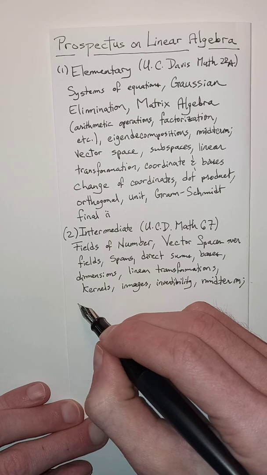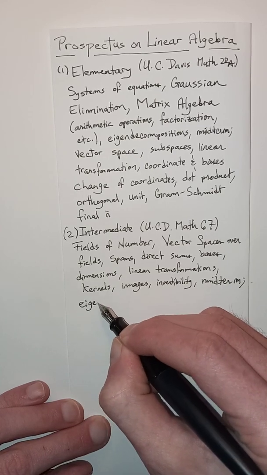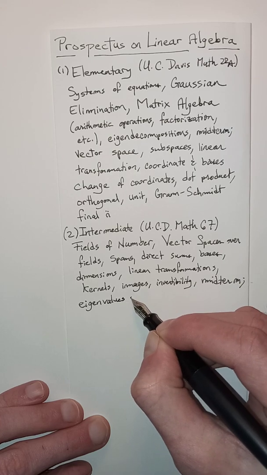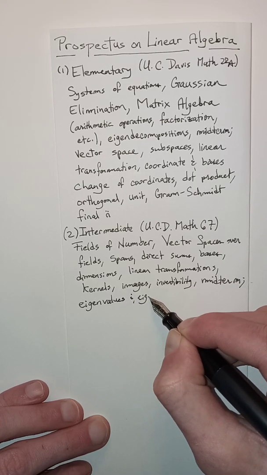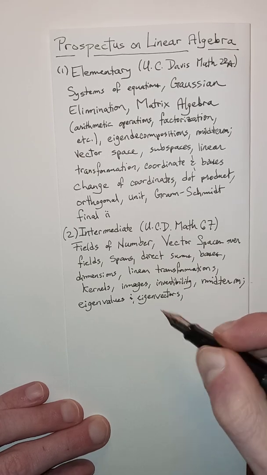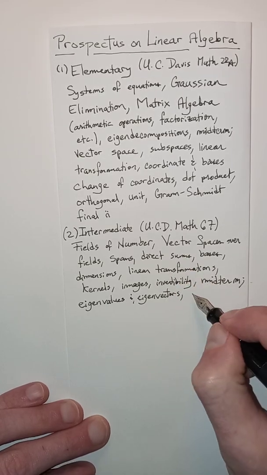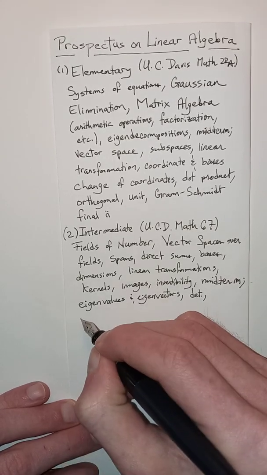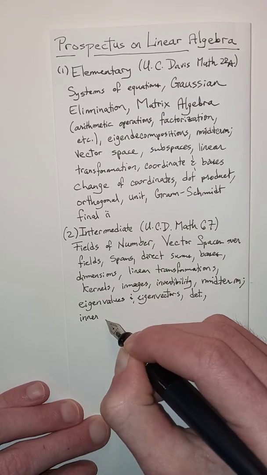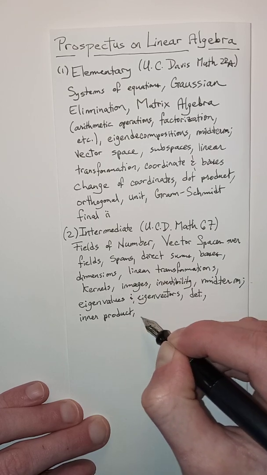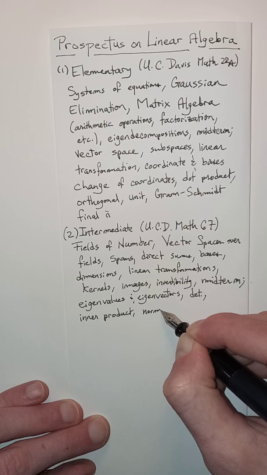And after the midterm, we started with eigenvalues and vectors. We talked about the determinant, as well as a more general dot product called the inner product, and a notion of length called norm of a vector.